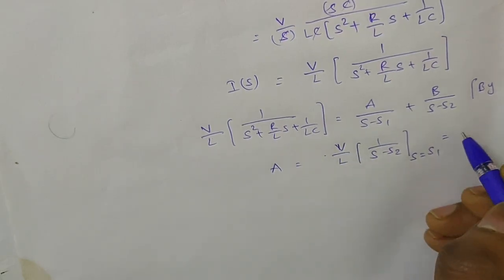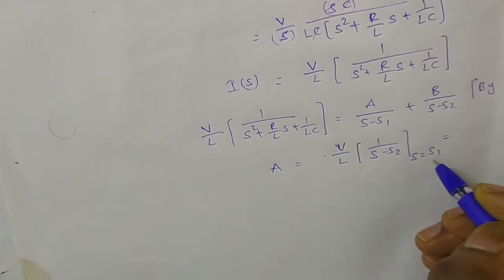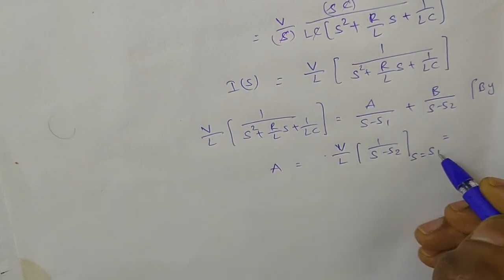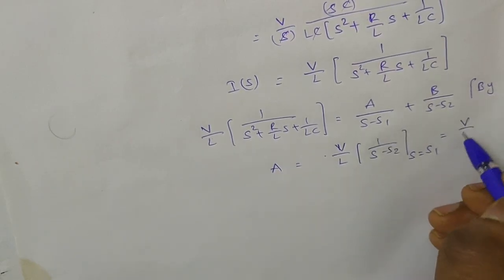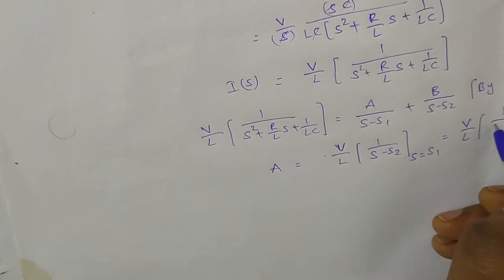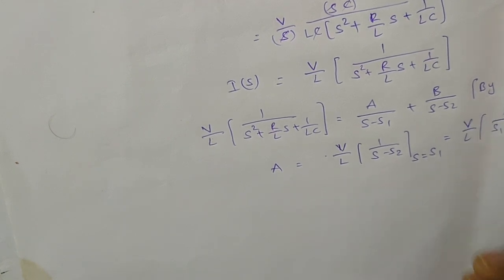Now, putting S equal to S1, we get V by L into 1 by S1 minus S2.